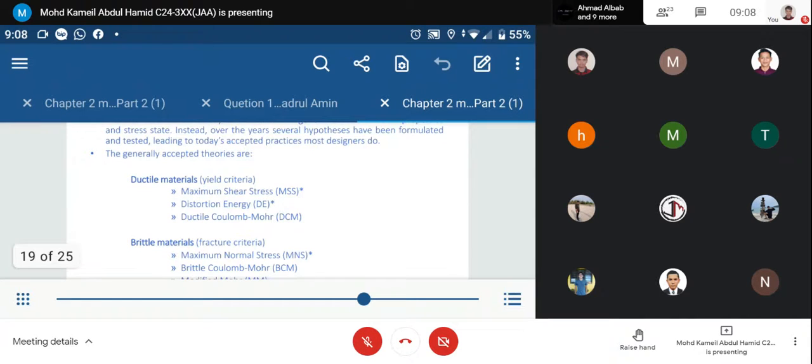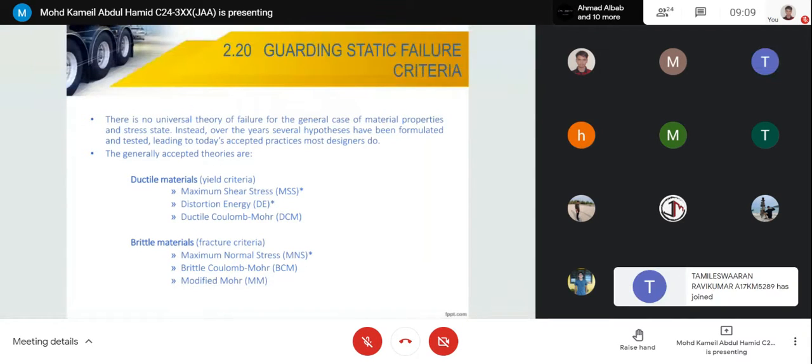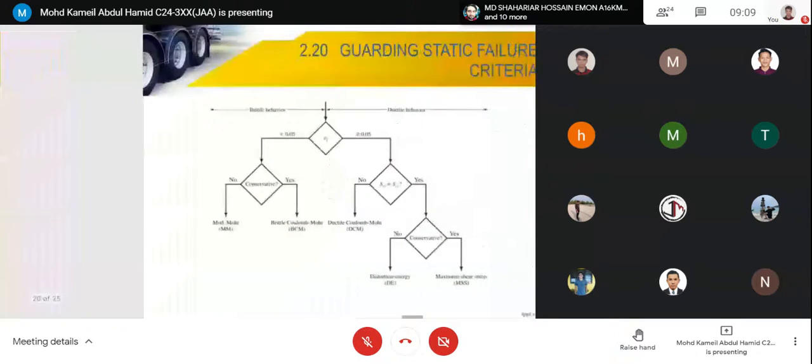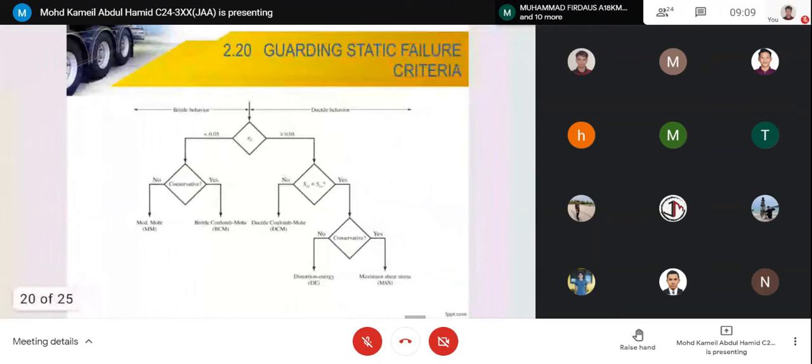Maximum normal stress we will just go through quickly. For brittle material, normally the theories are maximum normal stress, Brittle Coulomb-Mohr and Modified Mohr.